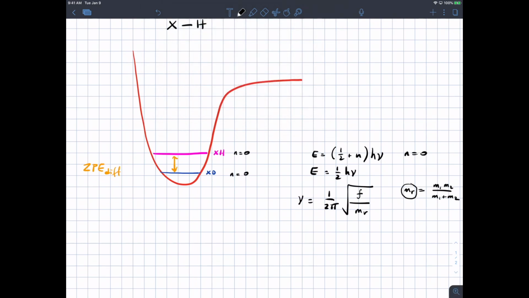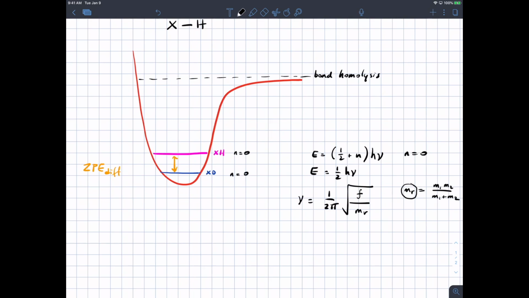We thought, what would be the energy difference to completely break the XH bond versus the XD bond? So I'm going to draw a dotted line up here where the Morse potential goes to 0 at infinity, and we're going to call this bond homolysis.